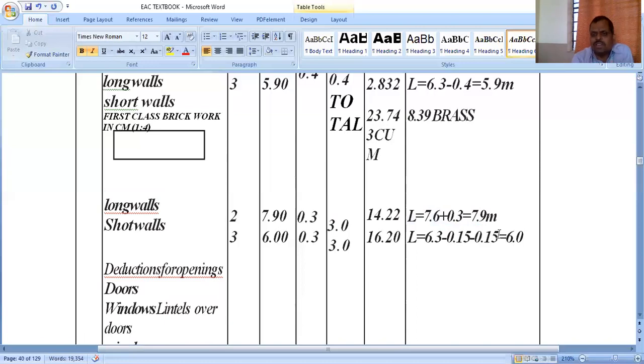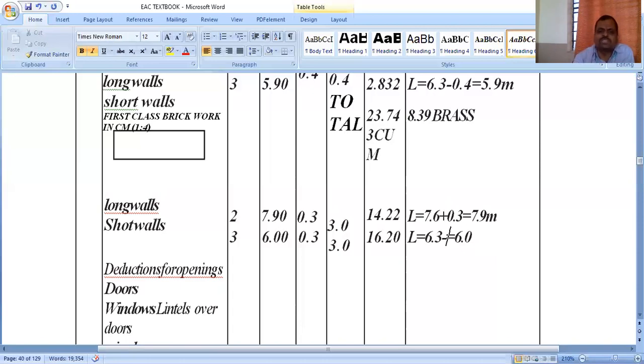Okay. After that, by using the same type of formula, we have to calculate the center to center distance of short wall. So the formula will be again what? The length of the short wall is center to center distance minus one width of the item.